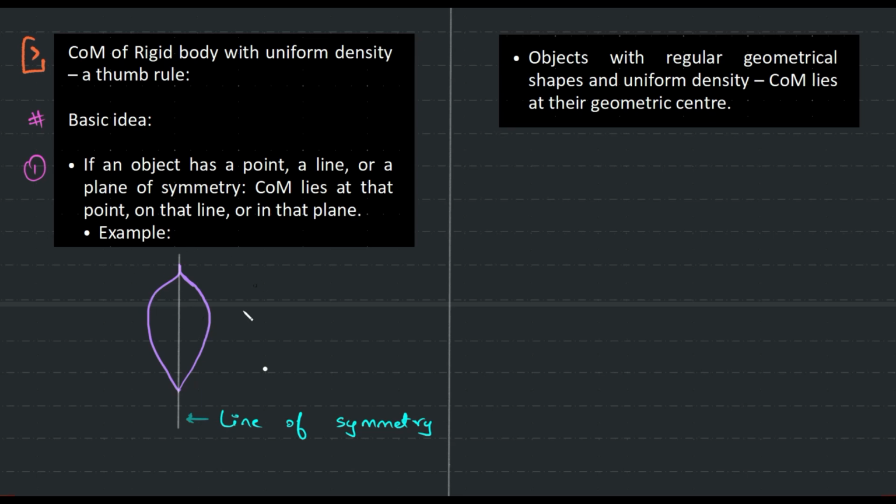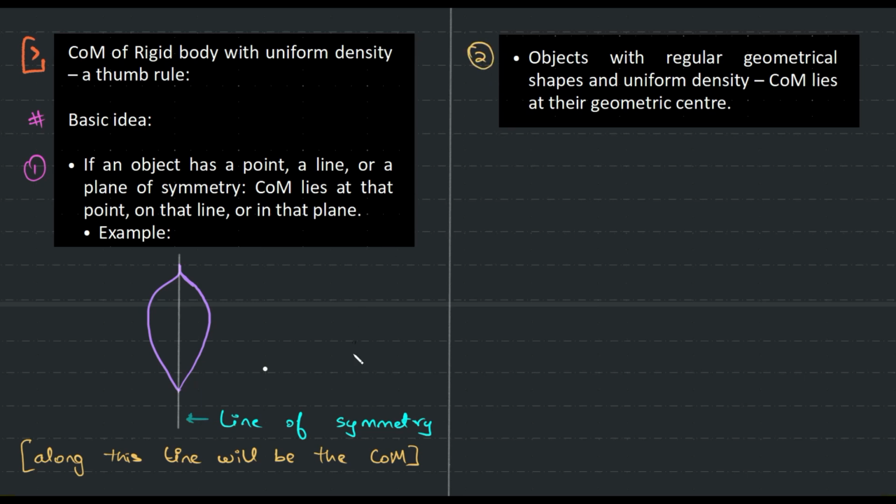Similarly, you can see this leaf structure has this line of symmetry. Somewhere along this line will be the center of mass. Exactly where, we don't know, but along this line will be the center of mass.